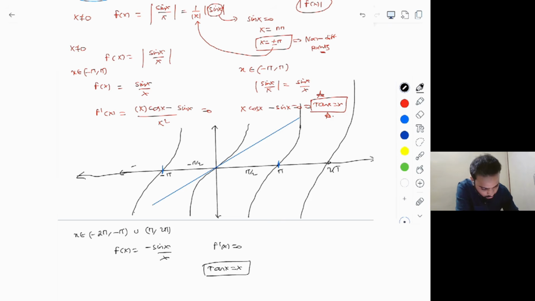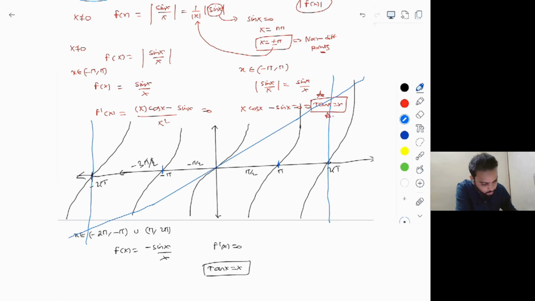Try to understand, I'm not going to waste much time. This is minus 2 pi here, but I have to extend the straight line y is equal to x also here. And this is your minus 2 pi to 2 pi. So let's cut it there.